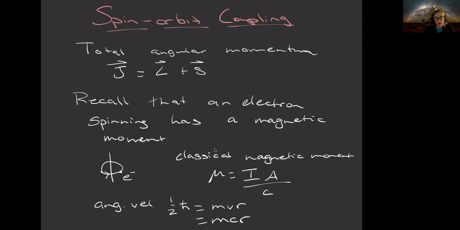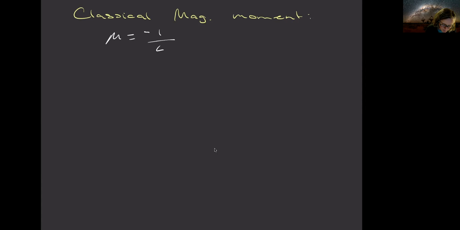We can work out that the classical magnetic moment, as in the non-quantum magnetic moment, is equal to -1/4 e, that is the electron charge, h bar over mc.